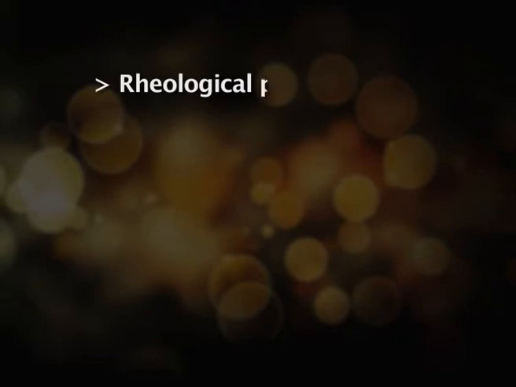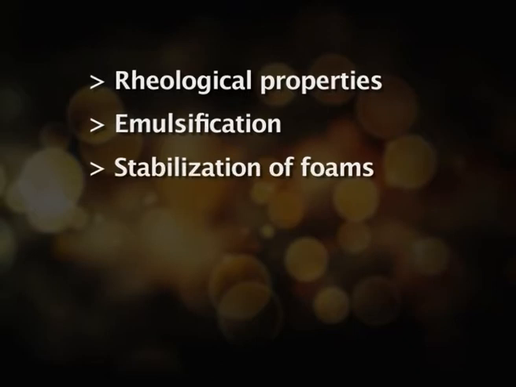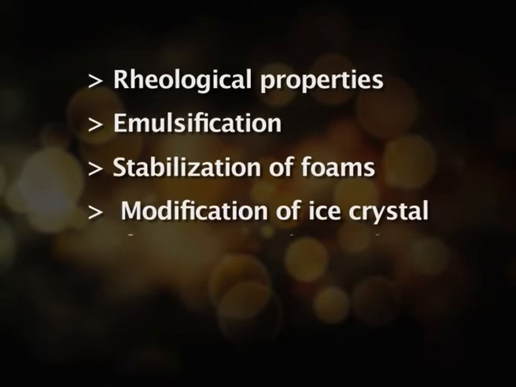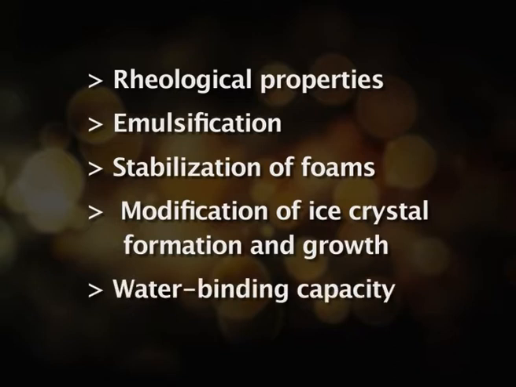Five important roles for the chemically modified cellulose derivatives in foods are the regulation of rheological properties, emulsification, stabilization of foams, modification of ice crystal formation and growth, and water binding capacity. When a choice is to be made, a number of parameters must be considered.